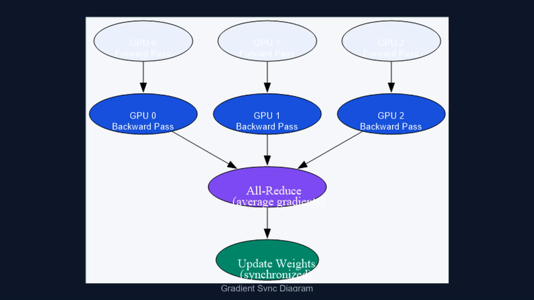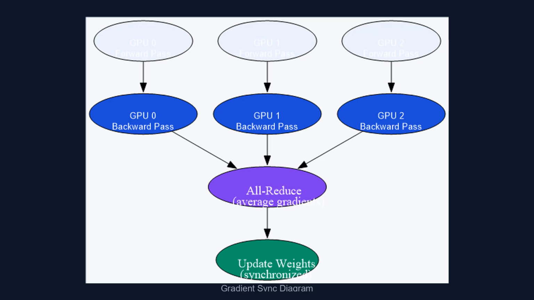The models stay synchronized not by sharing state continuously, but by agreeing on the same update at the end of each step. This is why DDP scales so efficiently. The GPUs are independent during the expensive compute phases and only communicate briefly during gradient sync. The all-reduce operation is highly optimized.